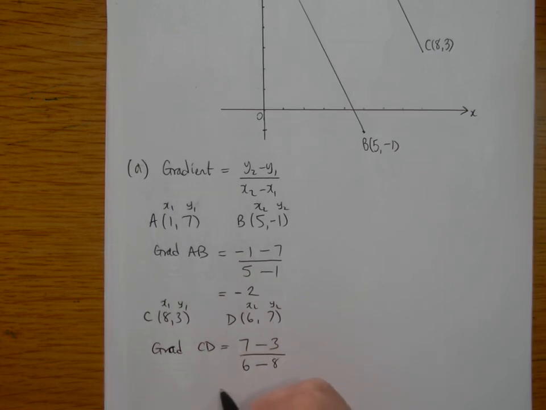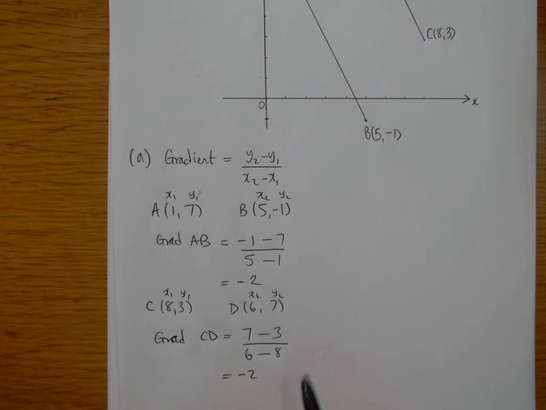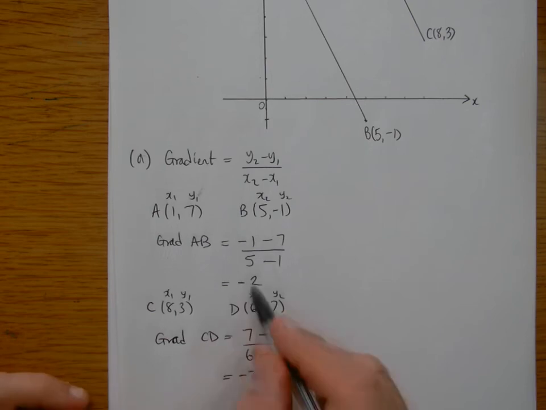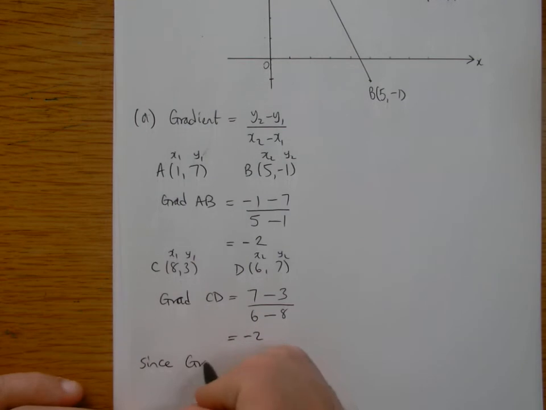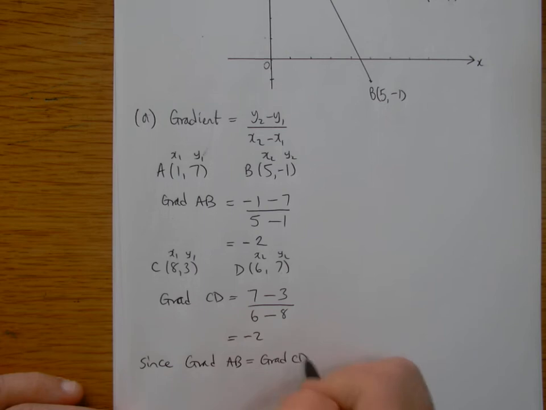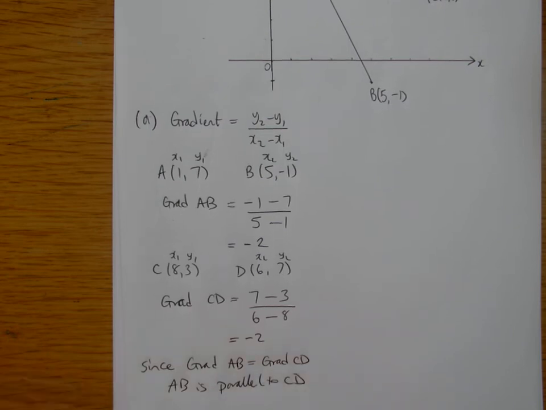If I work that out, check that on your calculator, you get again minus 2. Because the gradients are equal, of the same value, and gradient tells us the slope of the line joining them, we could say that since the gradient of AB is equal to the gradient of CD, AB is indeed parallel to CD. So we've sorted that.